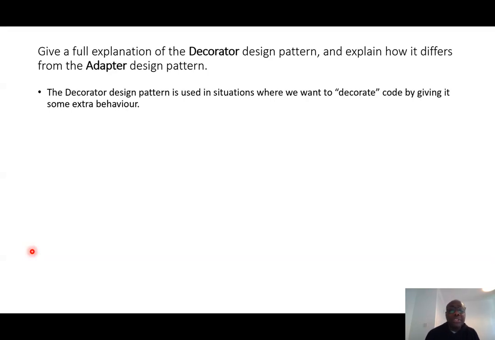Let's look at the term in terms of the English language. If you want to decorate your house, what does it mean? It means you already have something, but you want to make it more beautiful, or you want it to have more functions, more functionality, more beauty by adding more things to it. It could be functionality, it could be some sort of painting or whatever.